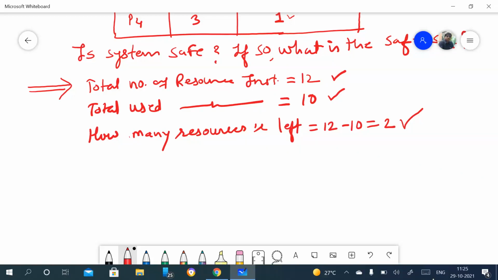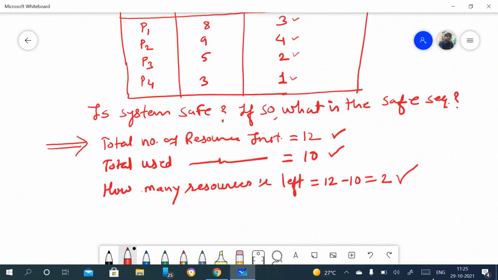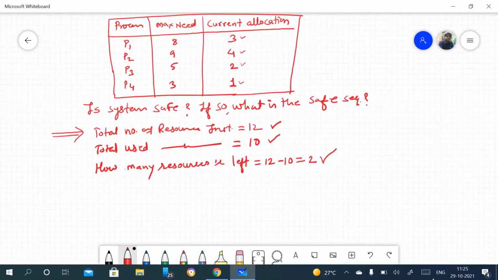Now we'll see one by one. The first will start from process P1, then P2, P3 like this, right? So first we'll check whether P1 will execute successfully or not. For process P1, what is the need? The need is 8. Allocated is 3, but need is 8, right? And how many are available with us?